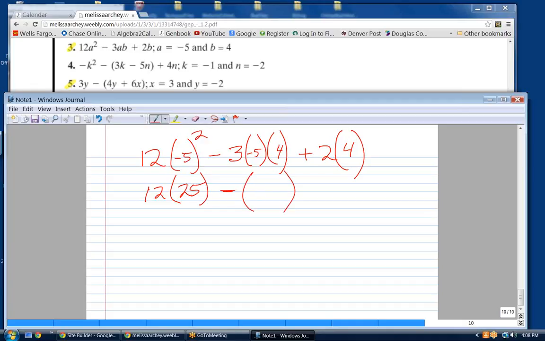It's negative 60, right, sorry, because I'm looking at just this part of it here. There's only one negative sign in there. So I'm going to subtract a negative 60 and then plus 8. So 12 times 25, if you have 12 quarters in your pocket, you have $3. Plus 60 plus 8.